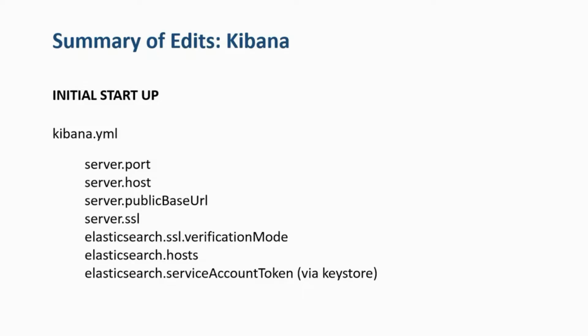I should also mention that we did not have to set up Kibana after all the nodes were part of the cluster. We really could have just set up Kibana immediately after node number 1 was set up. And if that were the case, all we would have needed to add to the elasticsearch.hosts field is just the address of node number 1.